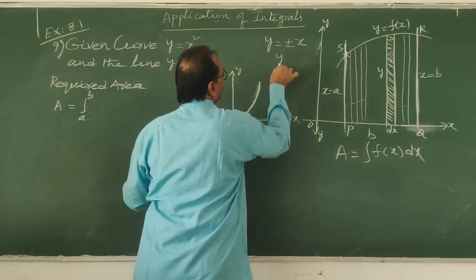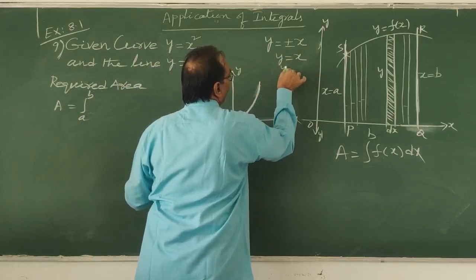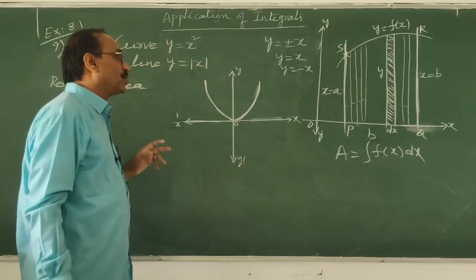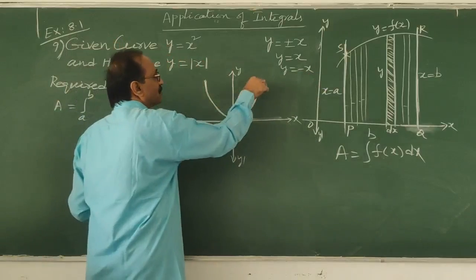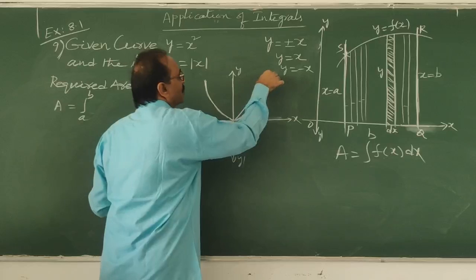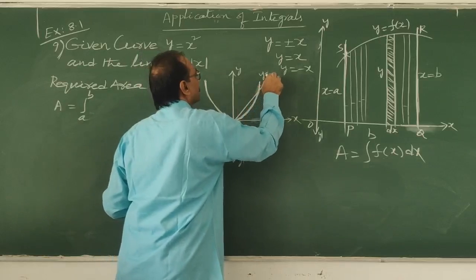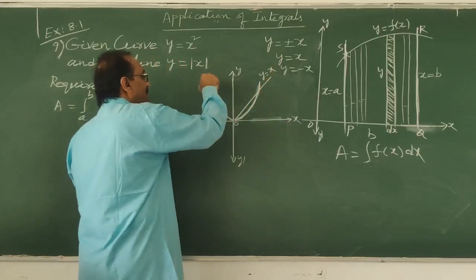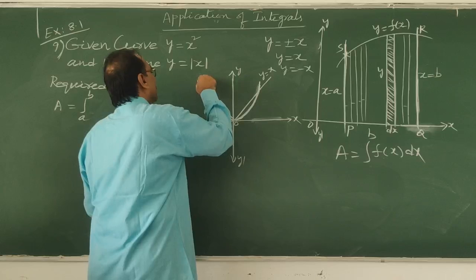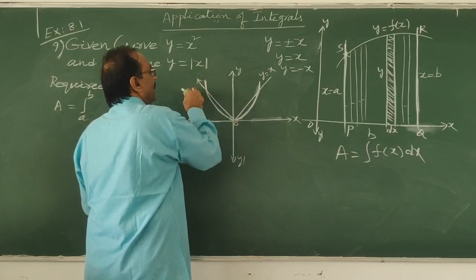So you will get y is equal to x, one line, and y is equal to minus x, one line. This should be in your mind. As you know, y is equal to x is a line passing through the origin, so you draw it like this. This is the line y is equal to x. The other line, y is equal to minus x, is the opposite. So this is y is equal to minus x.